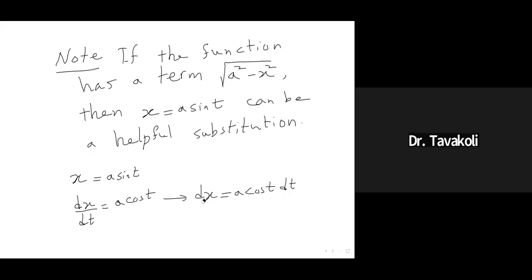Now let's see an example or a couple of examples to see how this works and why it is very helpful. So in the first example, we want to evaluate the integral of 1 over radical 25 minus x squared dx using substitution.